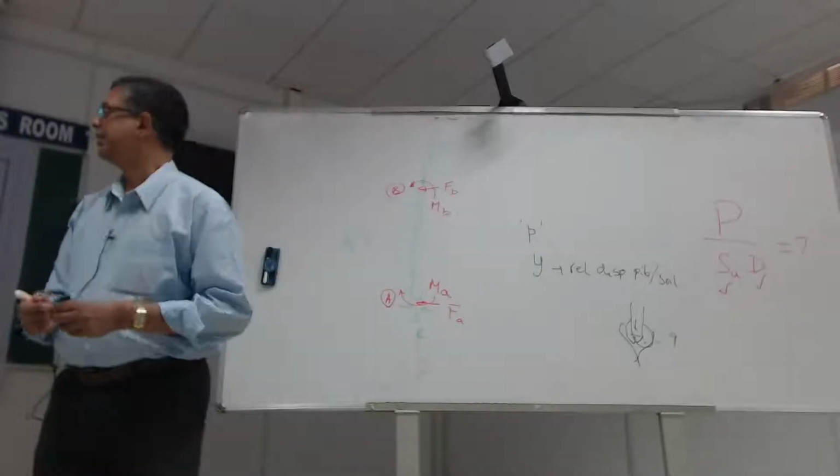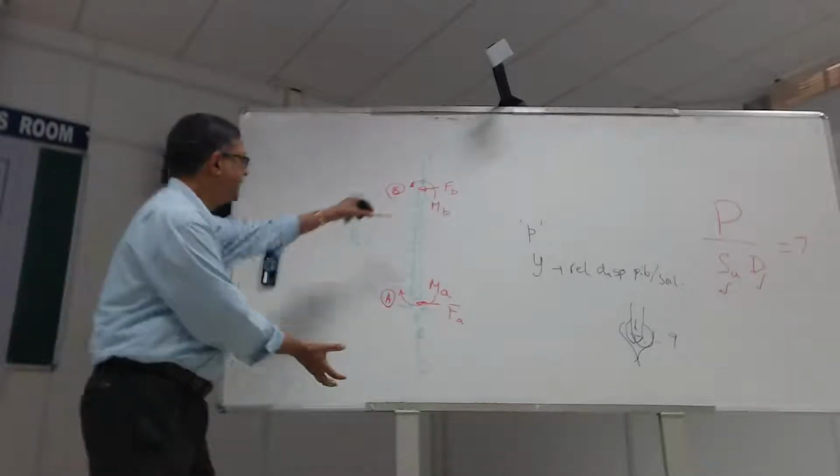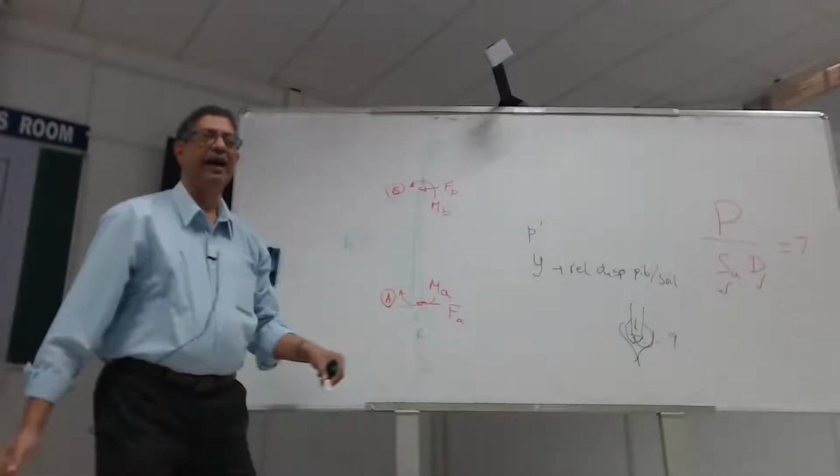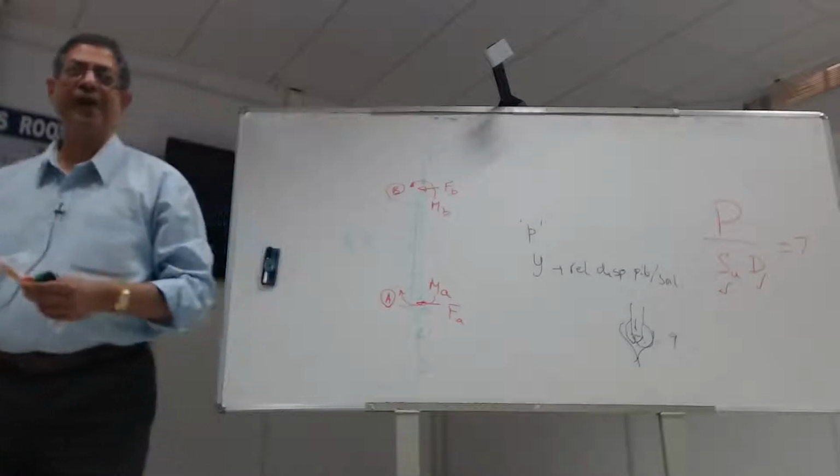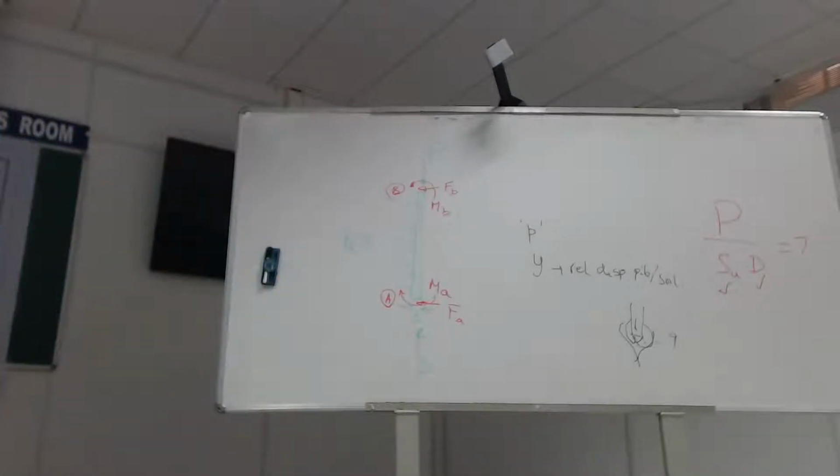Okay? So if I just take this bit and say I know all of those, I can write expressions for my bending moment, moments at A and B, and the forces FA and FB, which are as shown. So if I'm allowing a deflection delta, this is where the buckling thing is coming in.